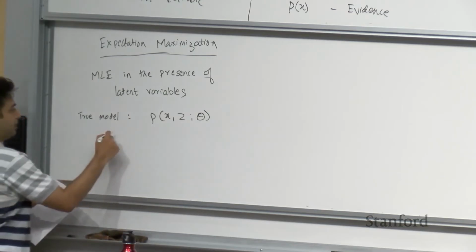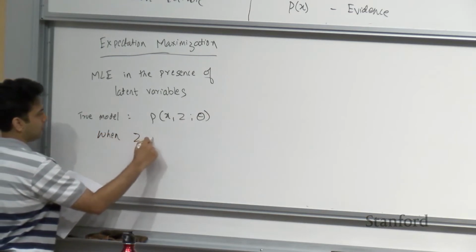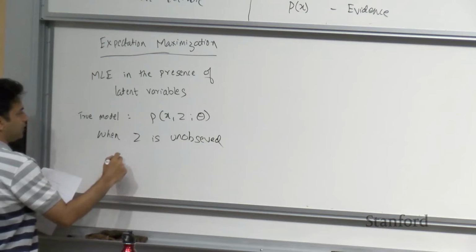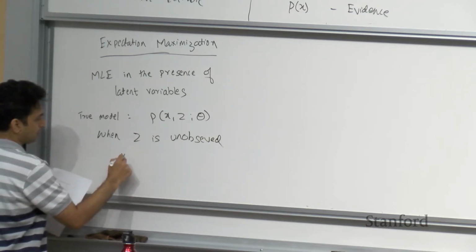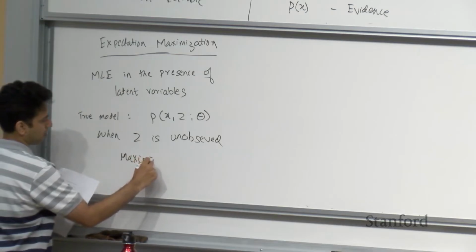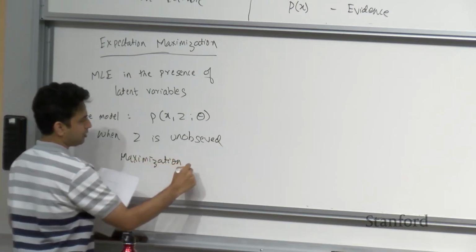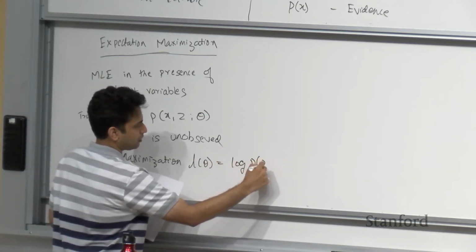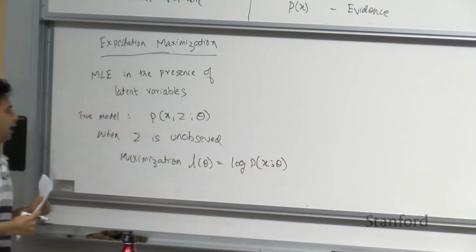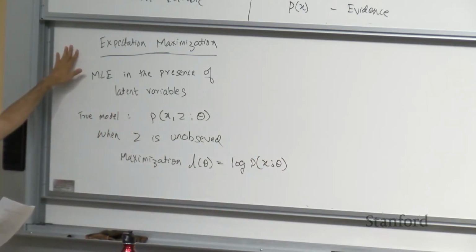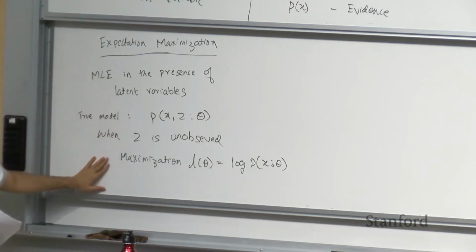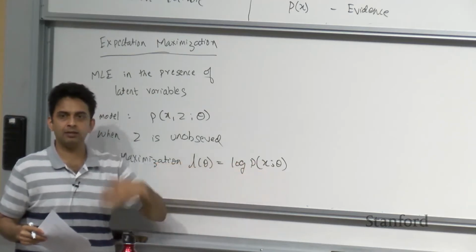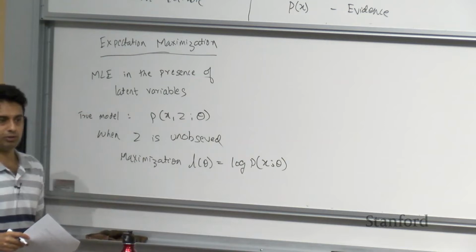But when z is unobserved, we want to instead perform maximization of the objective L theta equals log P of x, where z is marginalized. The EM framework gives us a way of achieving this, where we maximize log P of x in an indirect way rather than directly taking the derivatives and setting them to 0 and so on.